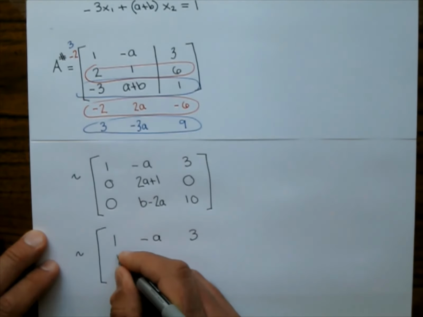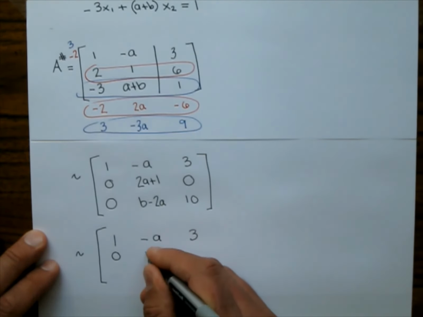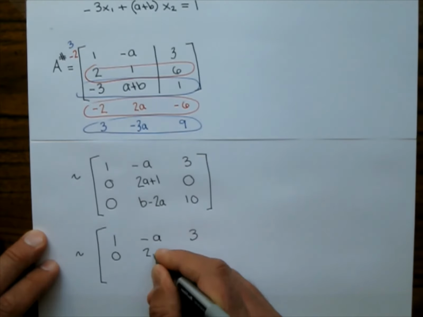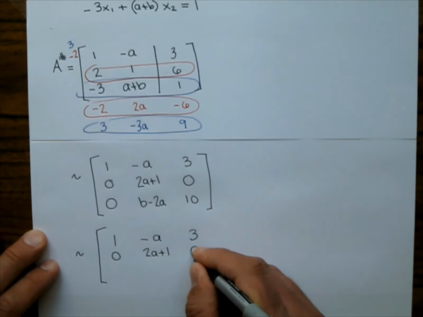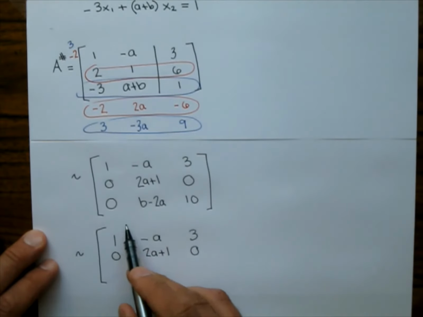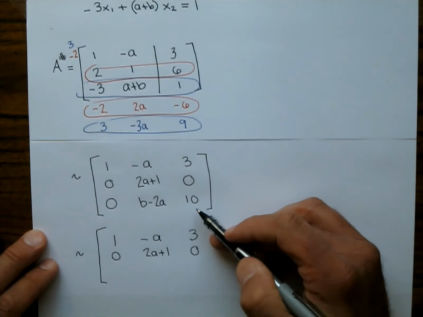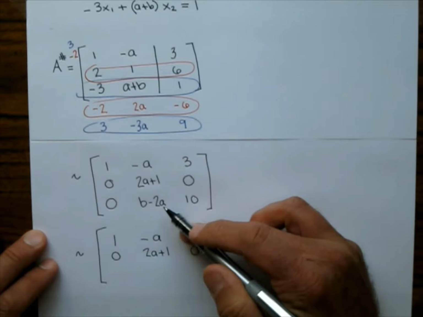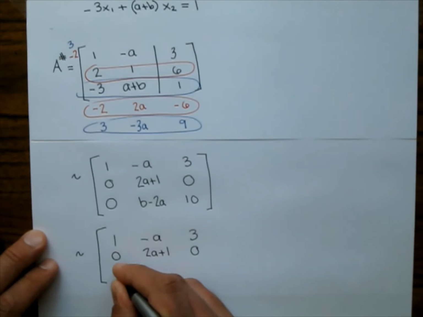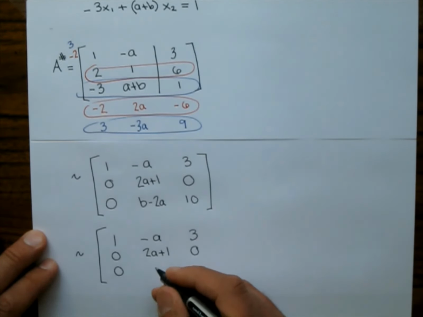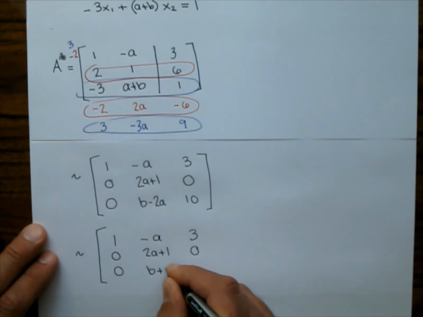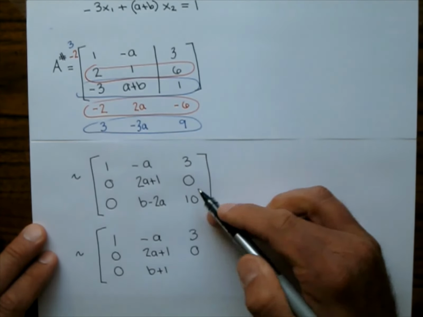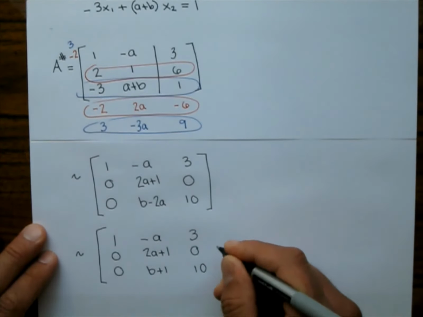And row 2, I'm going to keep it the way it is: 0, 2a plus 1, and then 0. And then for row 3, I'm going to add row 2 plus row 3, because I can see the two a's will go away, and I'll end up getting 0, then b plus 1, and then this part right here is 10.